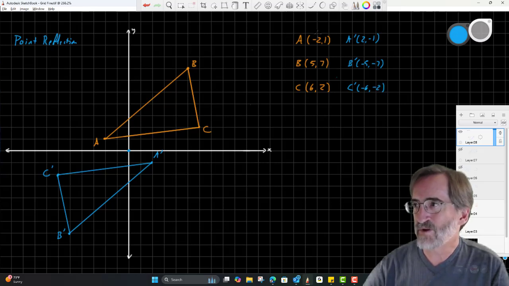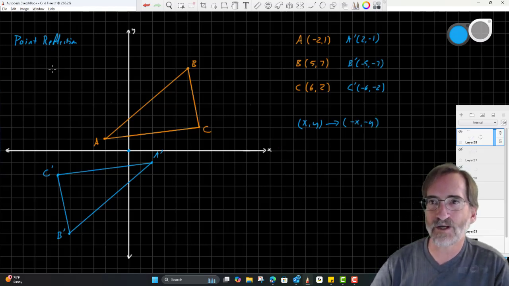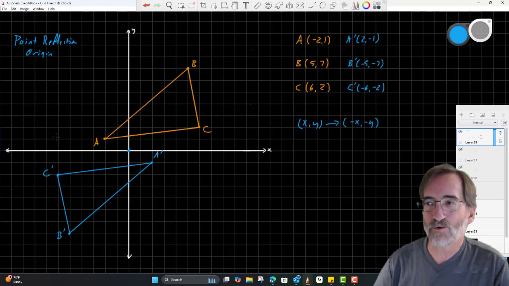Look at what's happened. (x, y) has become (-x, -y). The x's and the y's have both changed signs. So for a point reflection across the origin, we have a change in both signs. That's why it's called a double reflection. It's the combination of the x-axis reflection and the y-axis reflection.